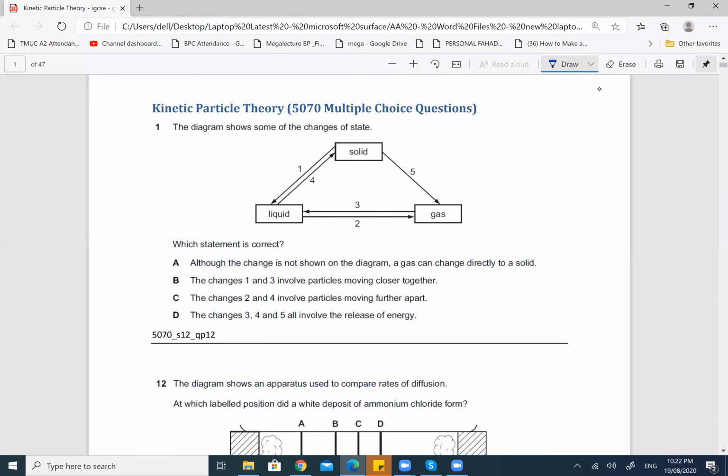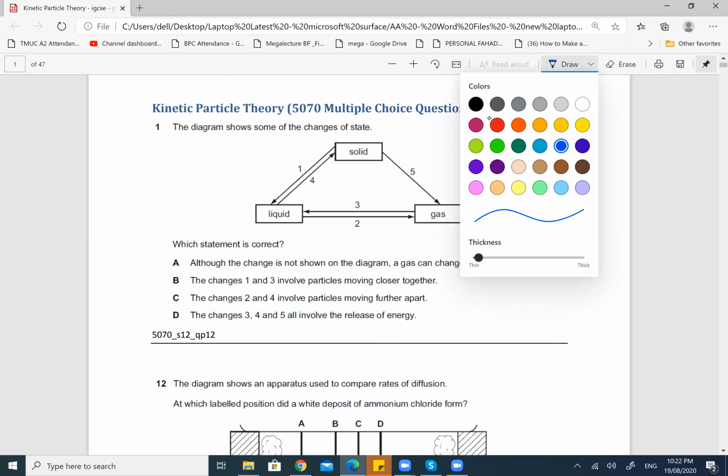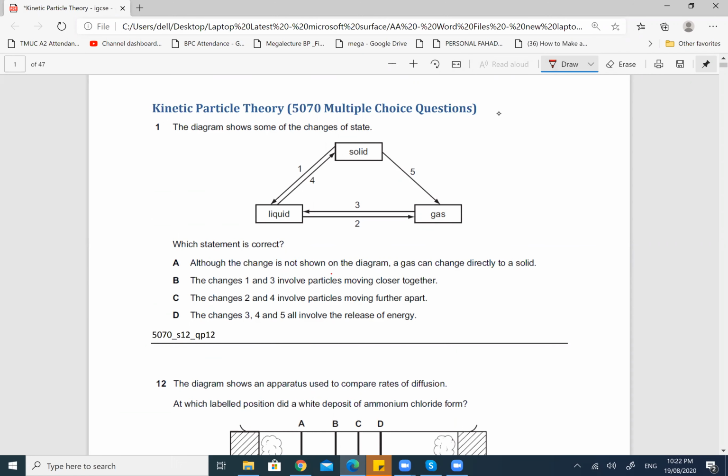What do you think? What's the answer? It shows a diagram with solid, liquid, gas, and mentions the changes in states. So tell me, which statement is the correct one out of the four? A. Yep, that's the correct statement. What's wrong with B?